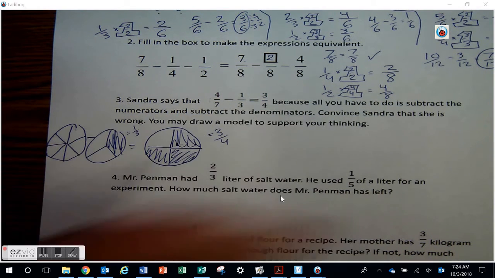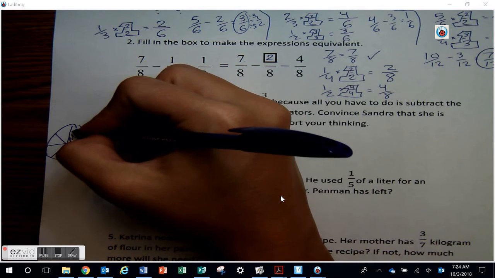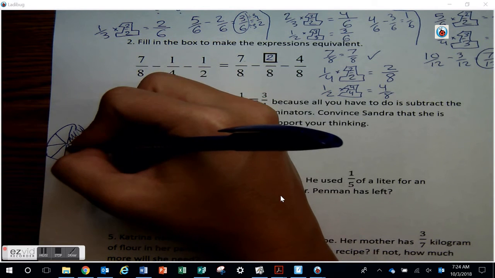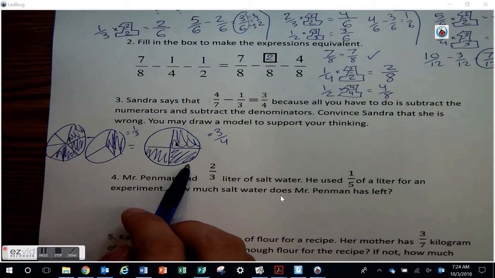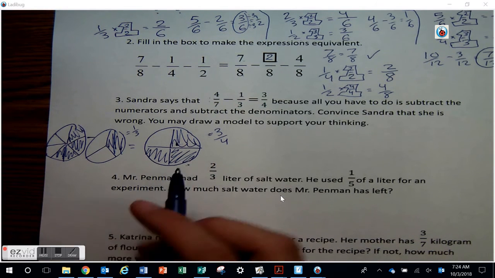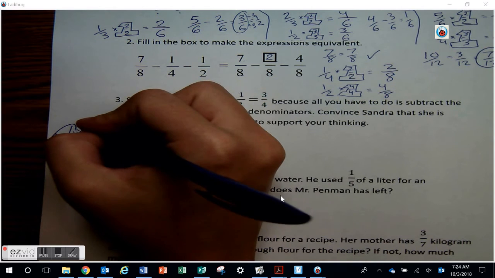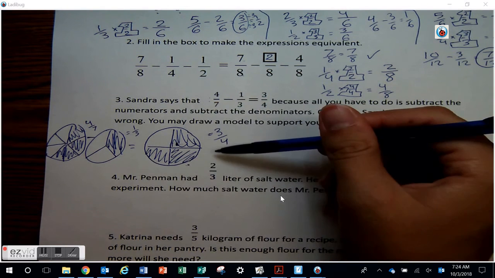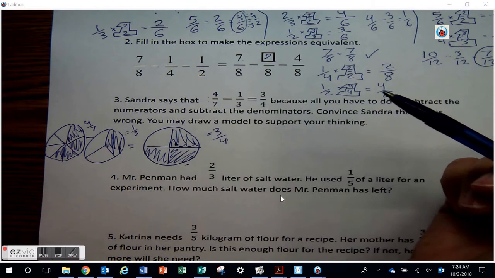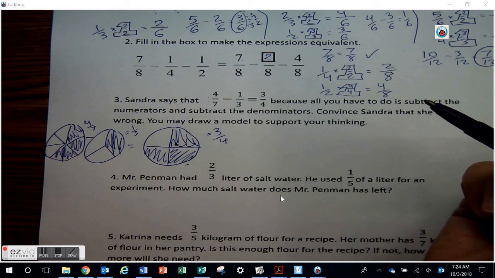And I subtract this with this, I'll get something bigger? That doesn't make any sense to me. No sense at all. 3/4 is bigger than 4/7, so that does not make any sense.